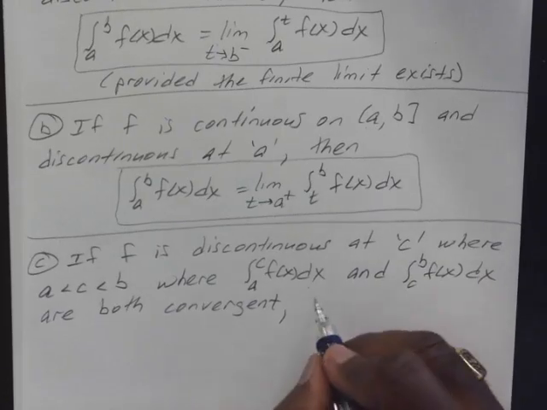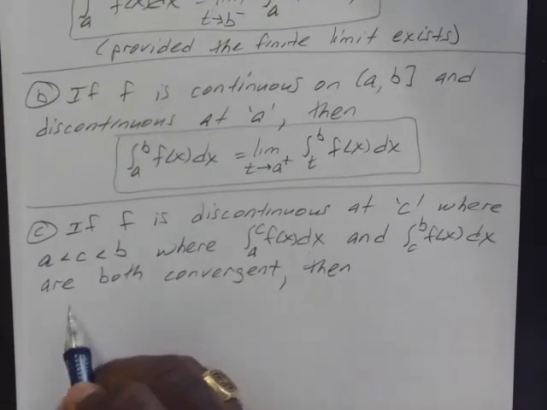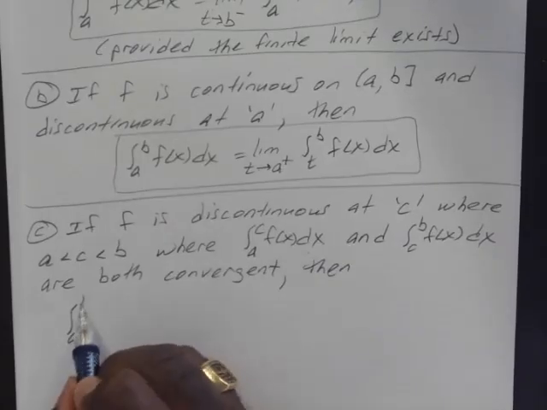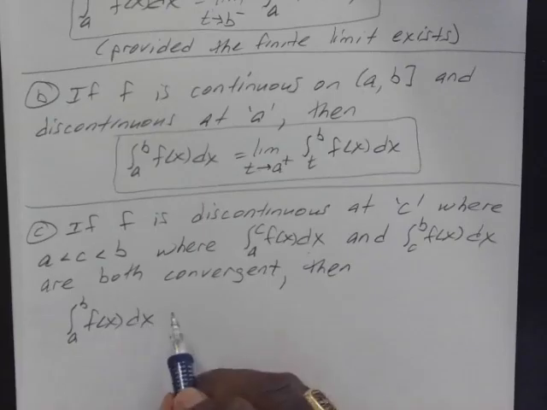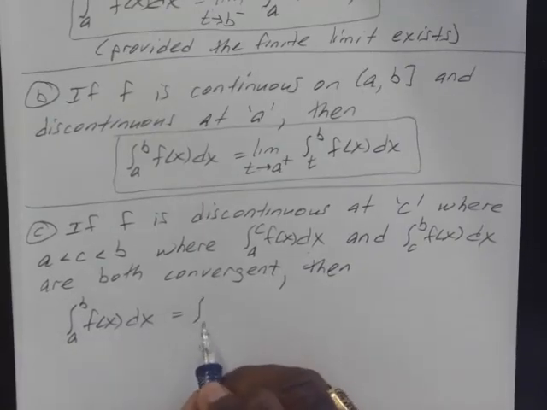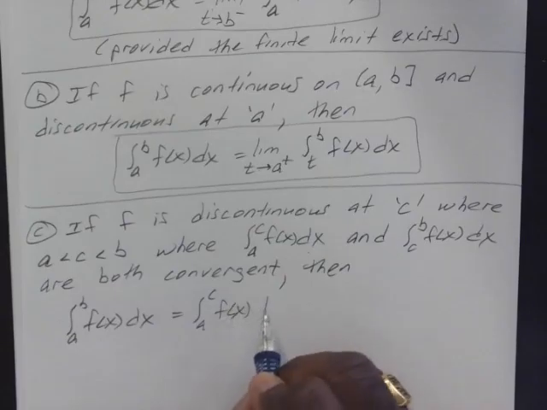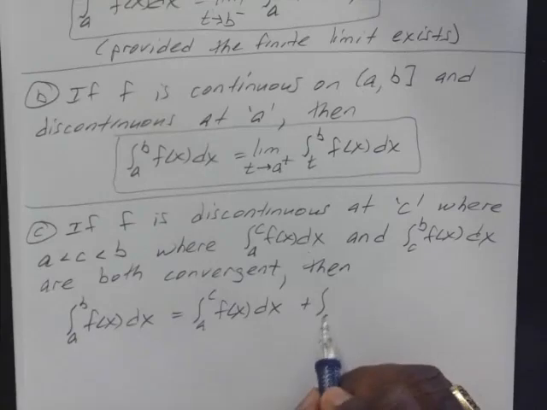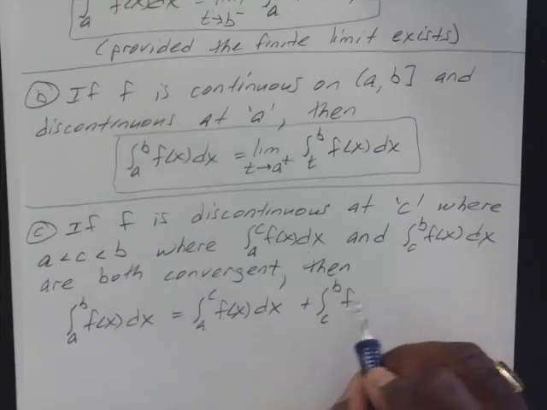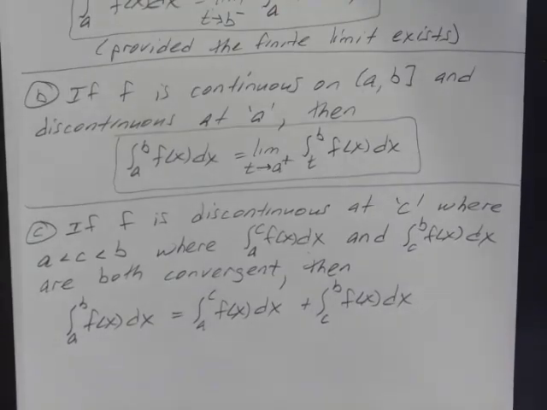Now if that's the case, then we can rewrite the integral from a to b of f of x with respect to x as the integral from a to c of f of x with respect to x plus the integral from c to b of f of x with respect to x.